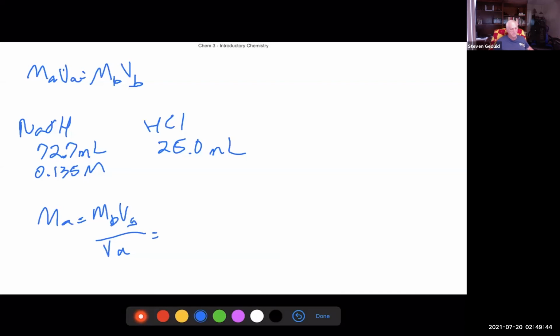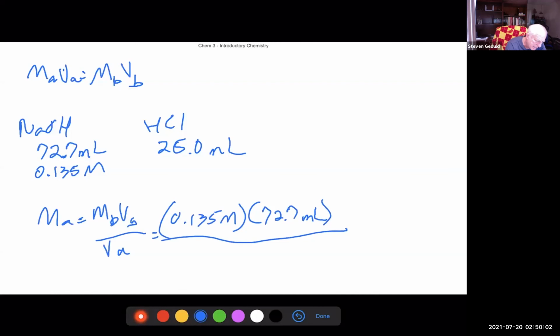Let's rearrange my equation, right? Plug my values in. Molarity of the base is 0.135 molar. Volume of the base is 72.7 milliliters. And the volume of the acid is 25.0 milliliters.